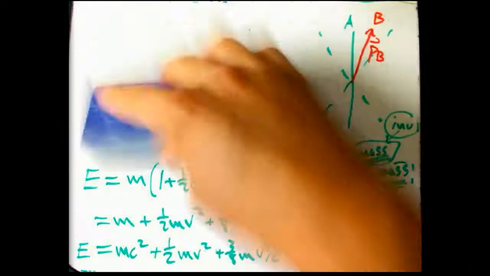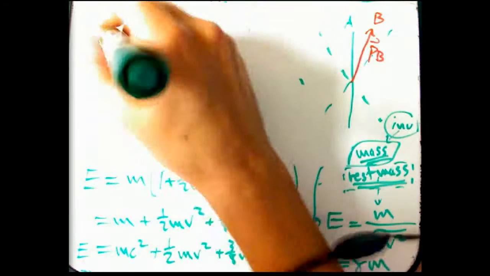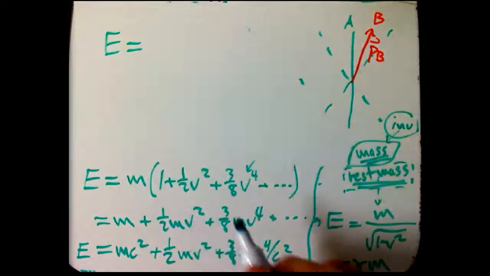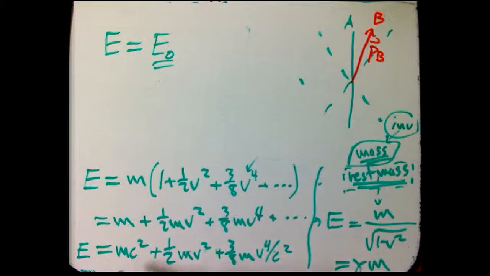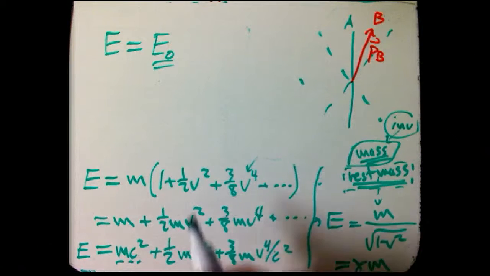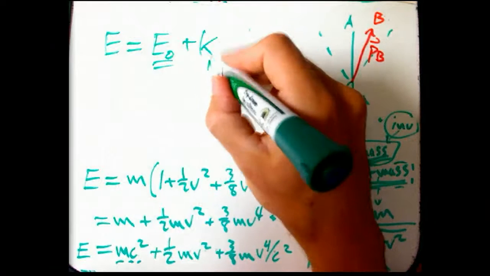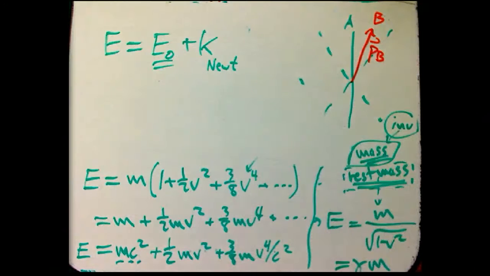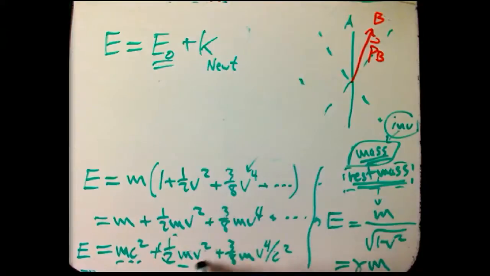Okay. So here's what we've got now. That E is going to be an E0, a rest energy, which is the mc² that we saw already, plus, let's say K, which is one letter people use sometimes for kinetic energy. The Newtonian kinetic energy, this should be familiar.